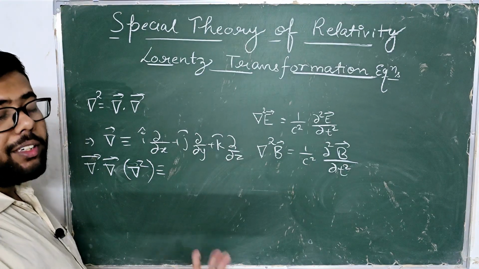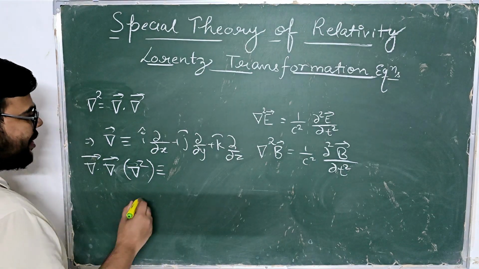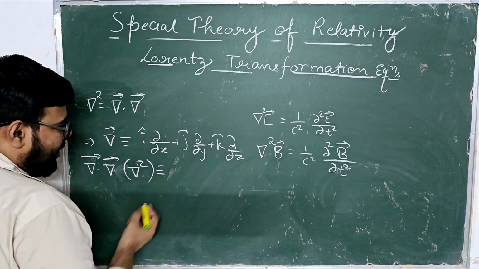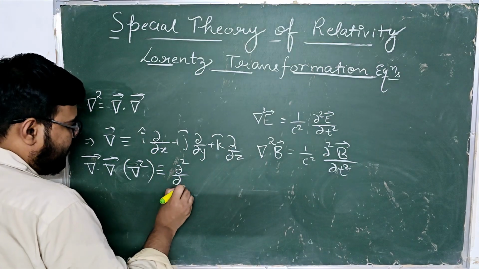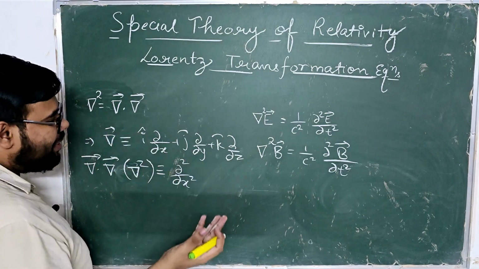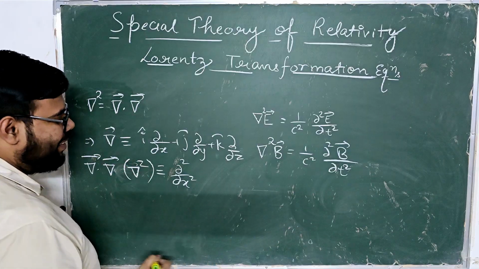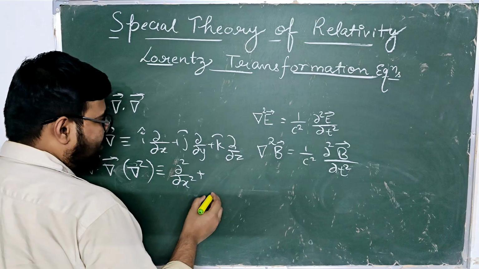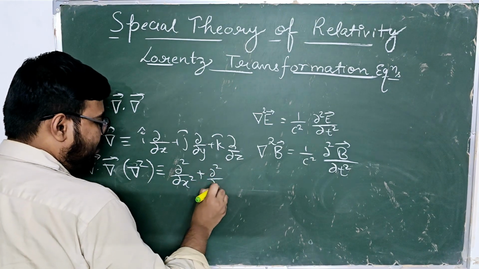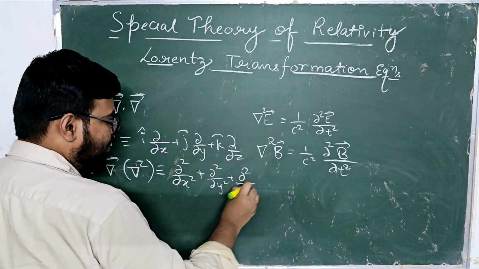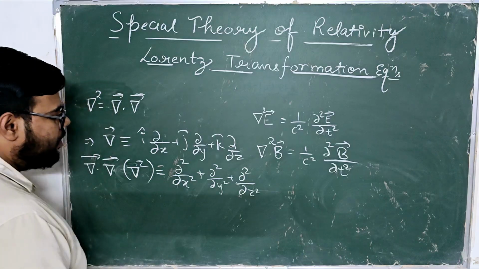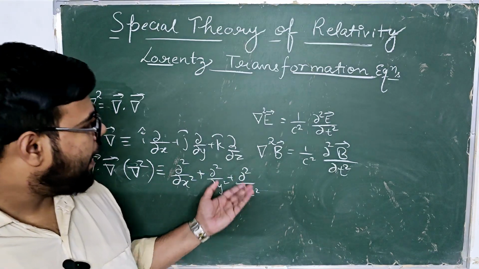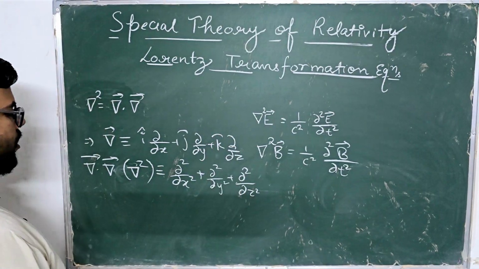So you will get del 2 by del x squared, not psi, I was thinking about quantum mechanics, forget that, plus del 2 by del y squared plus del 2 by del z squared.